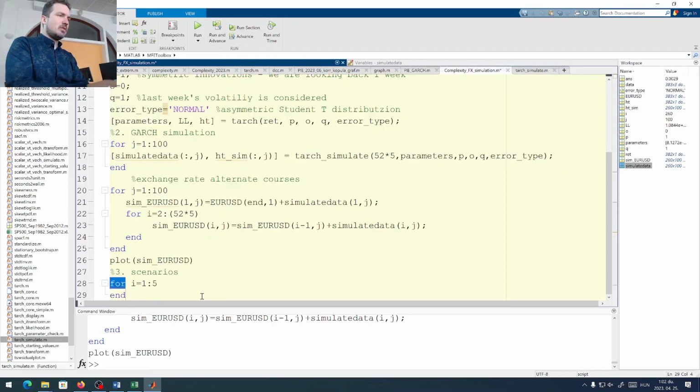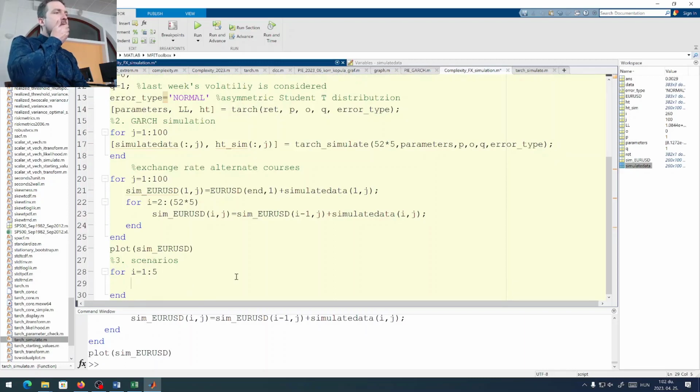So from this simulated something, we need all the columns, and we can just multiply it with 52, because in this case we can see what happens at the end of the first year, at the end of the second year, and so on.